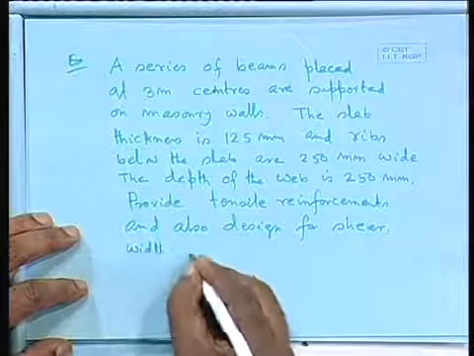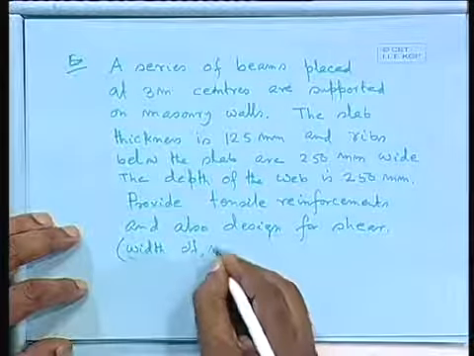placed at 3 meter center to center, that means each of them having spacing say 3 meter, are supported on masonry walls. These are the two masonry walls. We can take say 250 millimeter as the width of masonry wall.